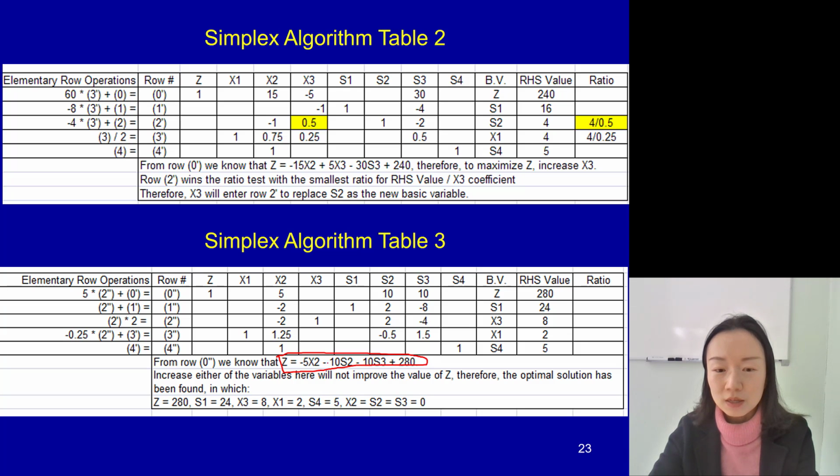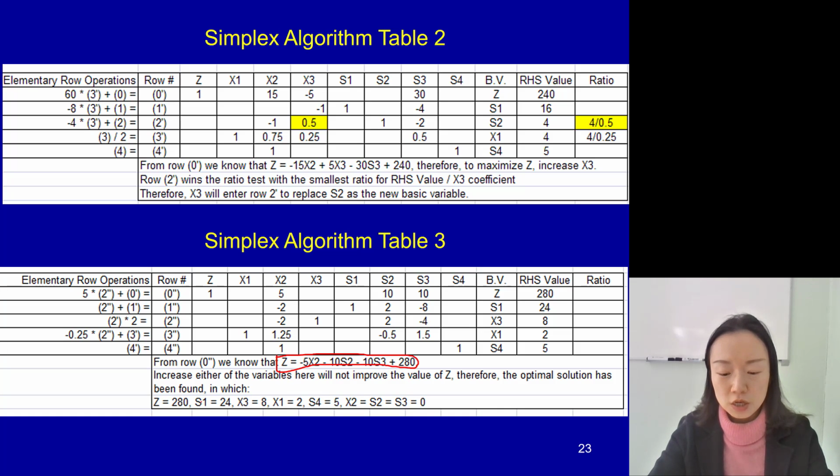That means by increasing any of them, our objective function value will decrease, which is not going to help with this maximization problem. Then we stop there. And we will conclude that our optimal solution is what we found here, and our optimal objective function value is this 280 here.